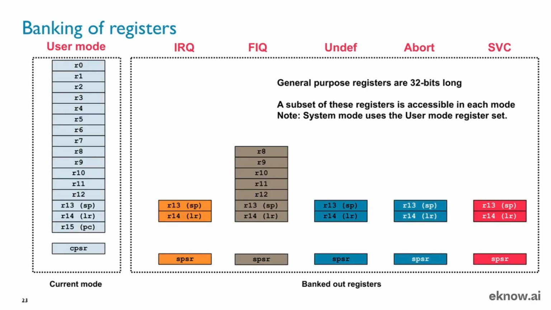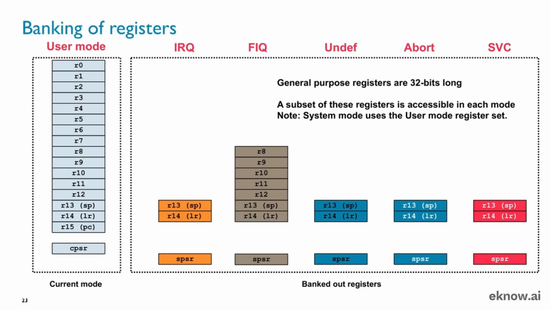This diagram shows us a really clever feature of ARM processors called register banking. It's all about how the processor manages its registers when it switches between the different operating modes we just discussed on the previous page. On the left, you see the register set for the user mode. This is the standard view for a regular application. We have our general-purpose registers R0 to R12, and then the special ones.